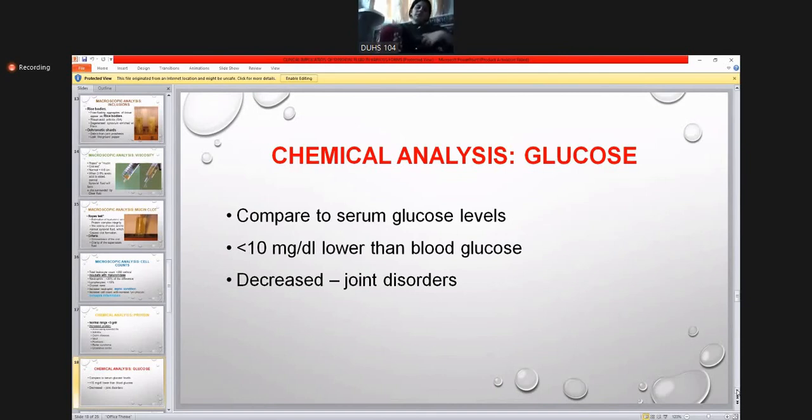So the glucose level is decreased in certain joint disorders. In inflammation and infection conditions, synovial glucose is reduced, as I have already mentioned. Why? Because there is increased utilization by the metabolic activity of the neutrophils and the bacteria. More utilization by the bacteria, more utilization by the neutrophils. So ultimately it causes a decrease in the glucose level.